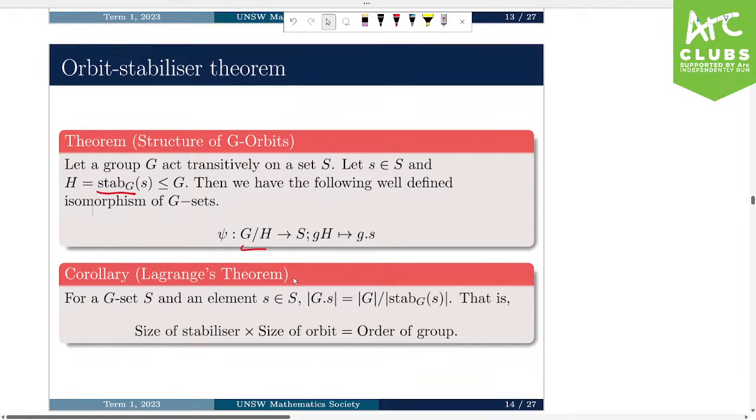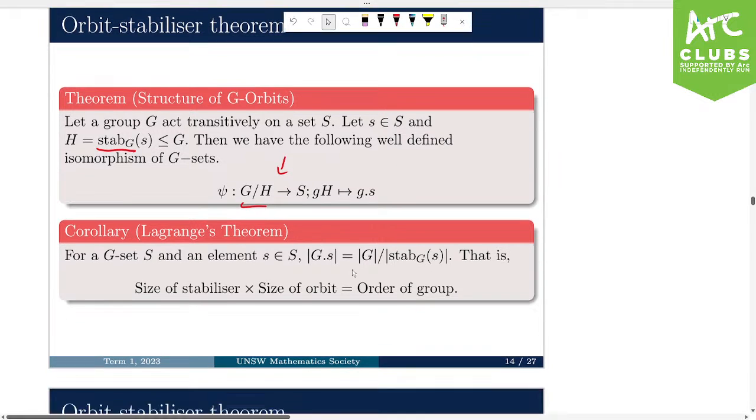Now, because we have this isomorphism, we can also apply Lagrange's theorem to orbits.